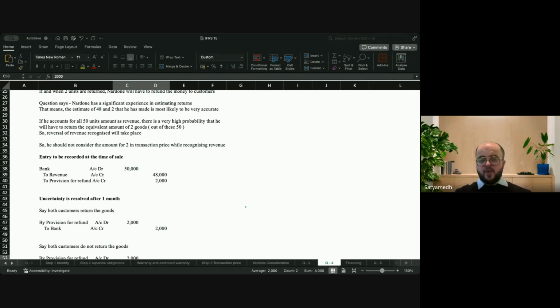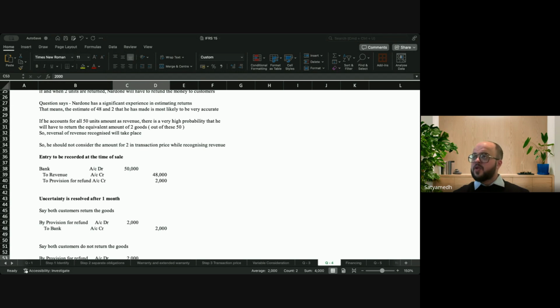For those units which you expect a return, do not account for revenue. Instead, you credit it to provision for refund. In the future, if a situation of refund so arises, then naturally at that point you can credit your revenue account later, but till that point you should avoid crediting revenue.